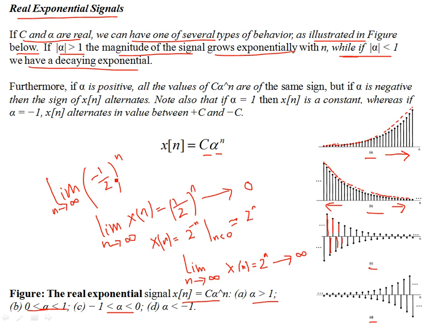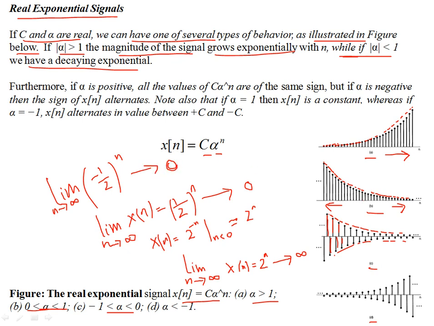Then again, since the magnitude of alpha is less than 1, we expect a decaying exponential behavior, like in part B. But this decay will be alternating its sign, because alpha is negative, not positive. As n approaches infinity, on the right hand side the samples must go to 0.